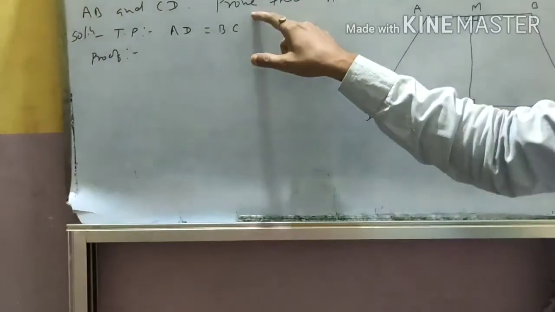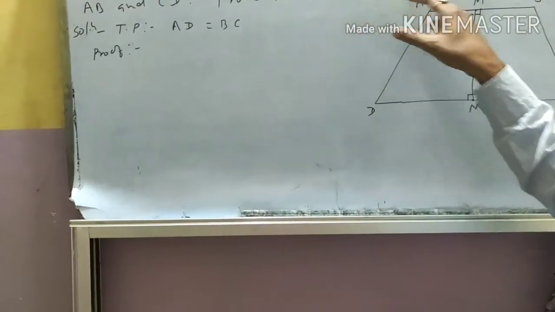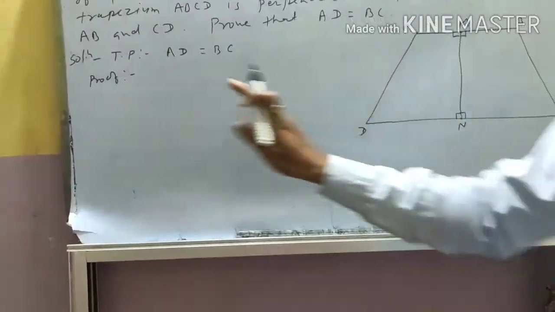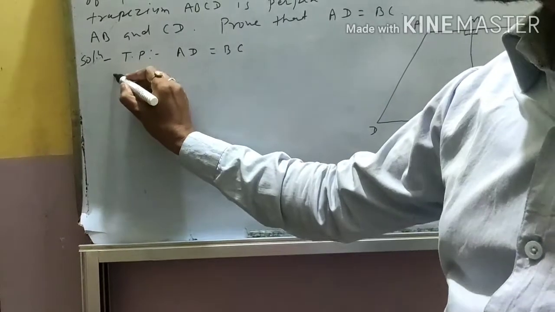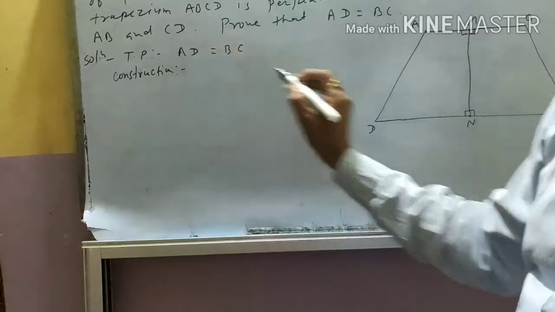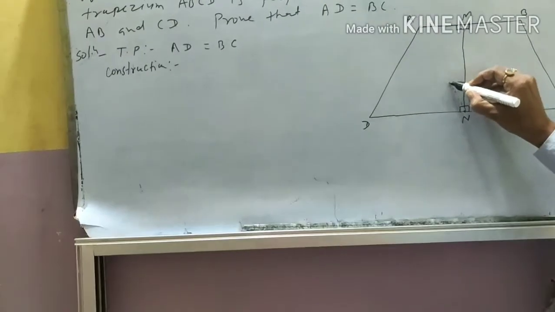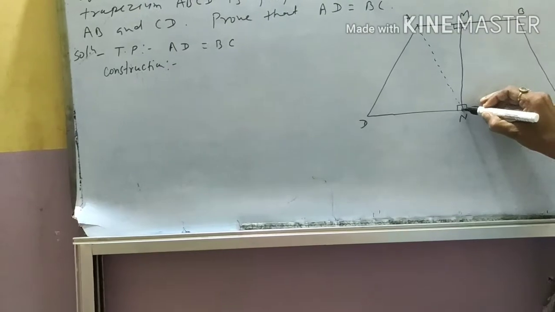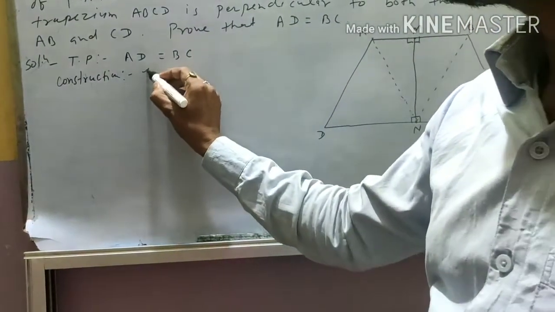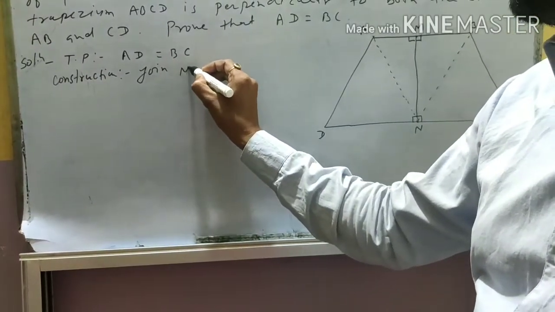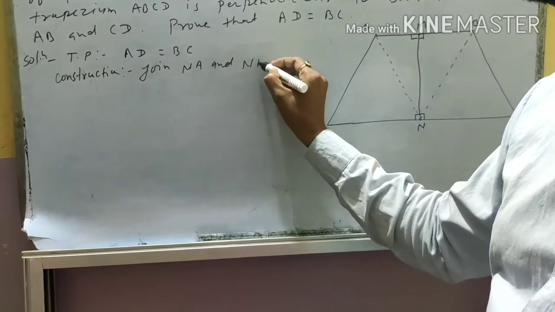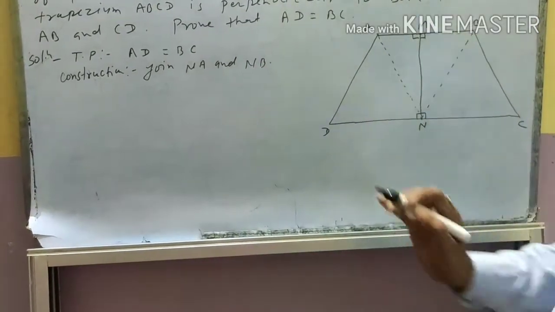To prove that AD is equal to BC. Construction: join NA and NB.